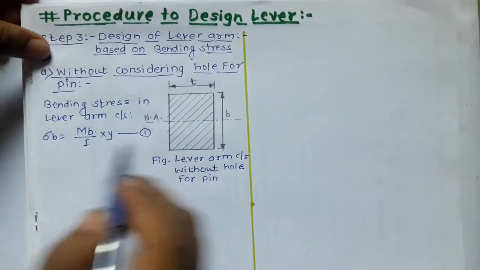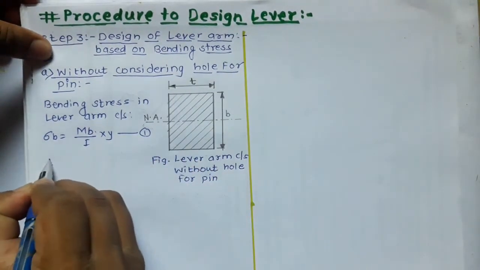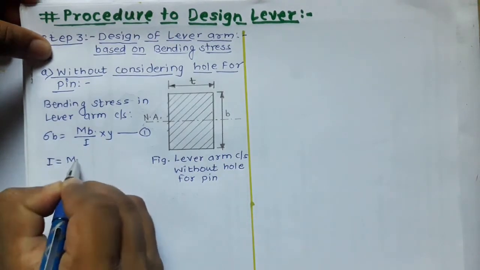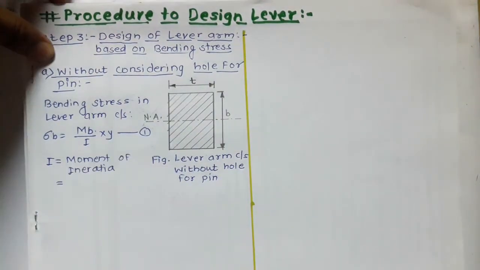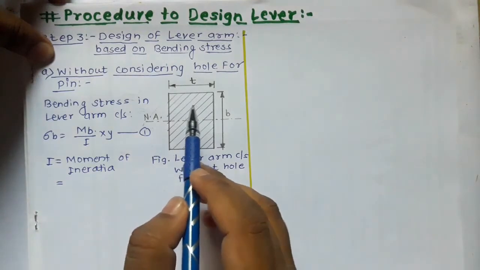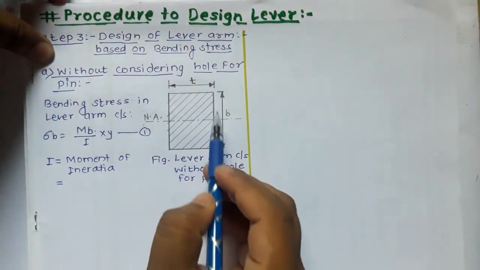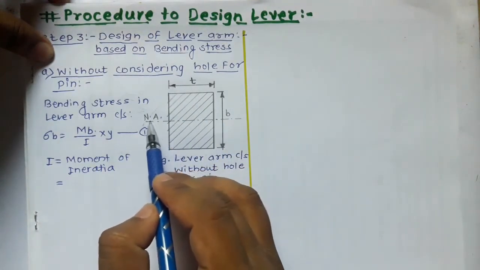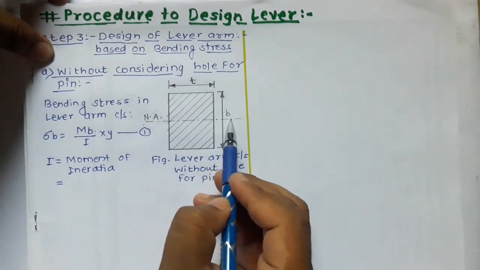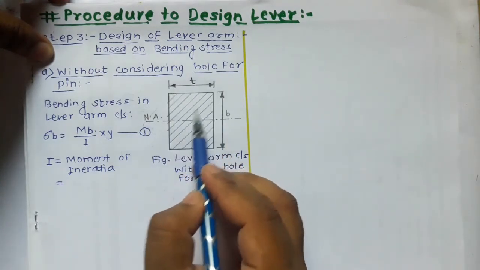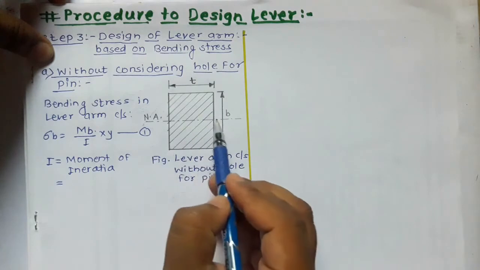The moment of inertia I we can write as t b cube upon 12. The edge which is parallel to the neutral axis is t, and the edge which is perpendicular to the neutral axis is b.